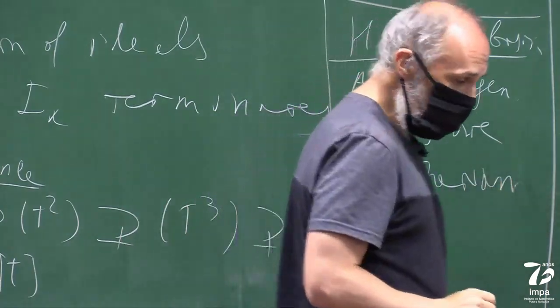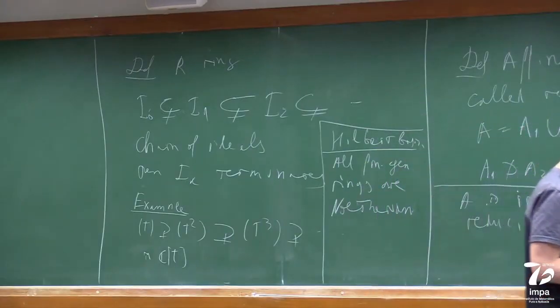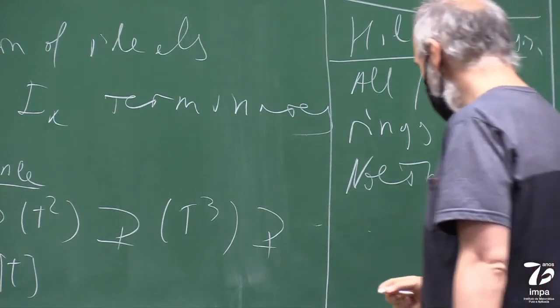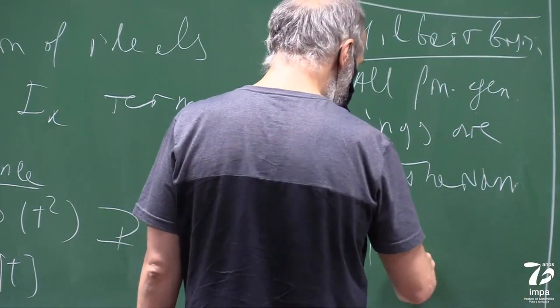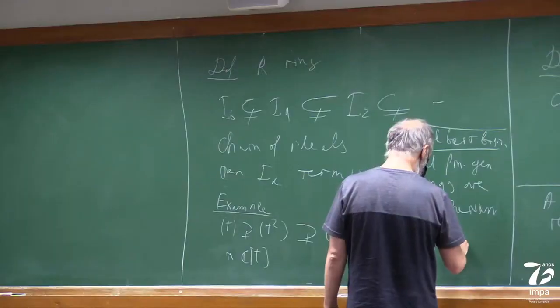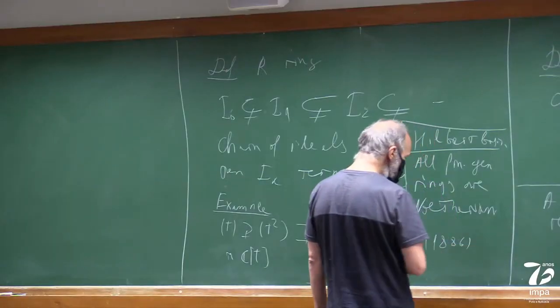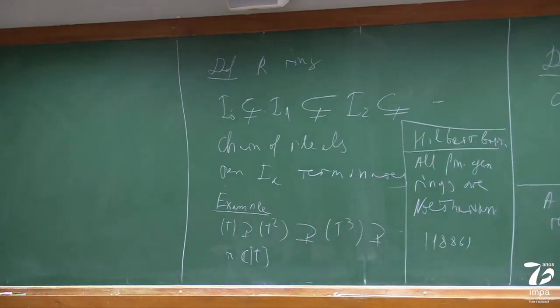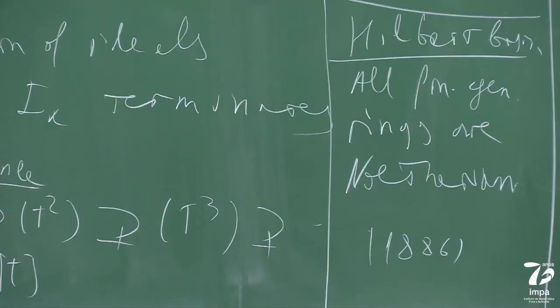This is from the same paper of Hilbert which I mentioned last lecture. It's a paper from, I think, 1886 maybe, or 83. So it precedes both Lasker and Noether.